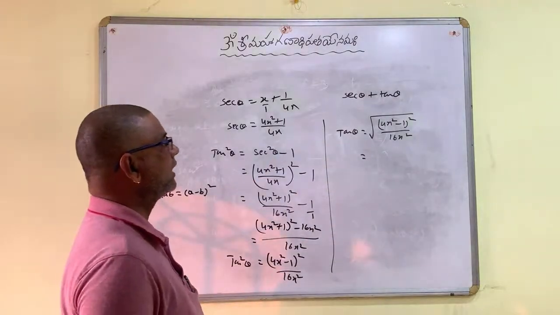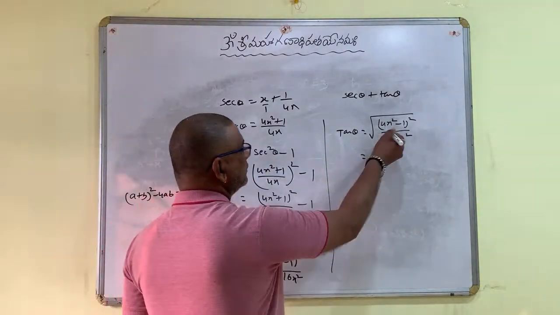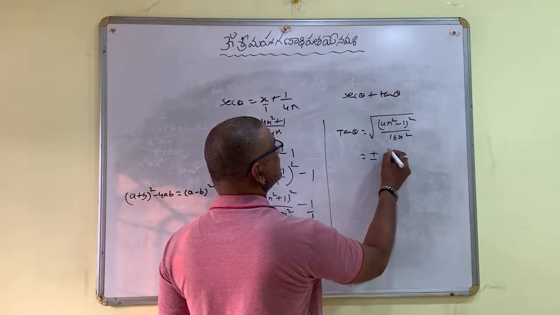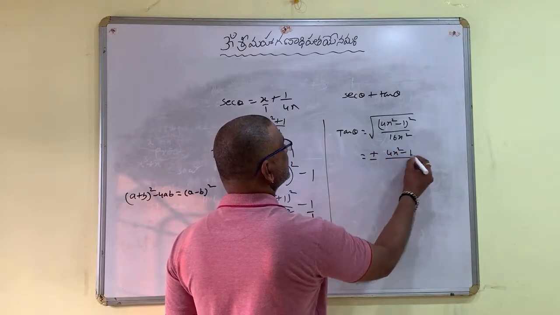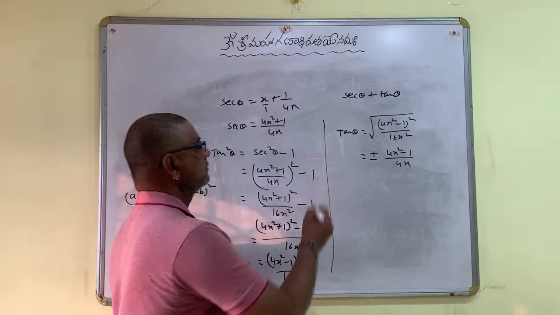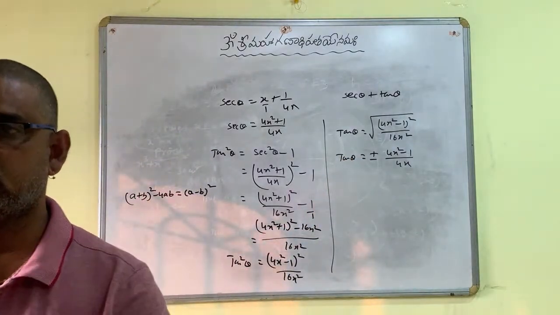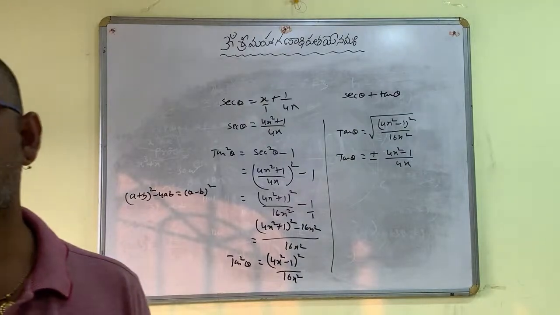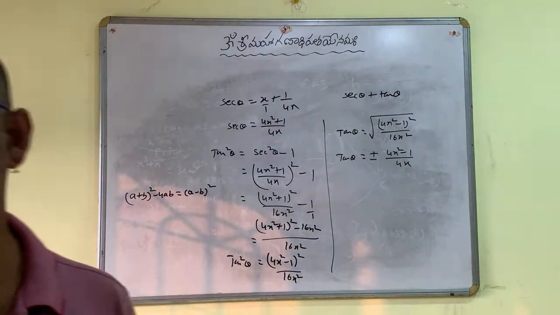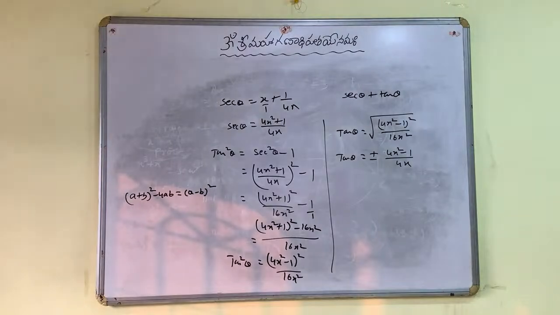So the square root is nothing but plus or minus 4x square minus 1 by 4x. That is the tan theta value.